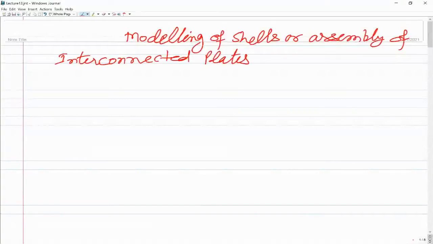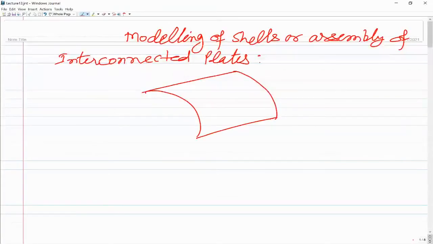So what I am saying is essentially that let us say you have a shell like this, and you want to model this using flat elements. So those are known as facet elements.